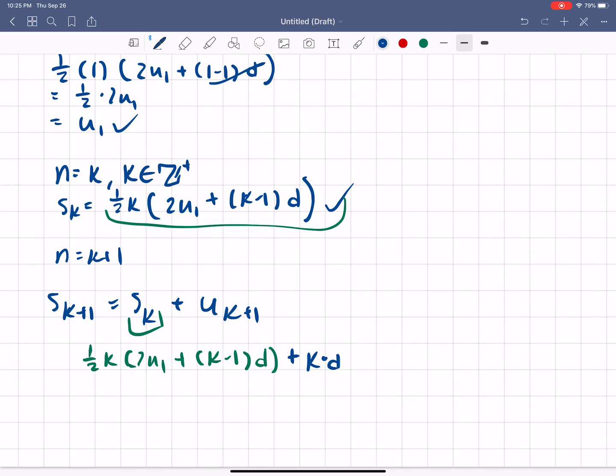After this, it becomes a simplifying game. So it becomes k u1 plus 1/2 k minus 1 d, oops, this should be plus u1 plus kd, sorry.